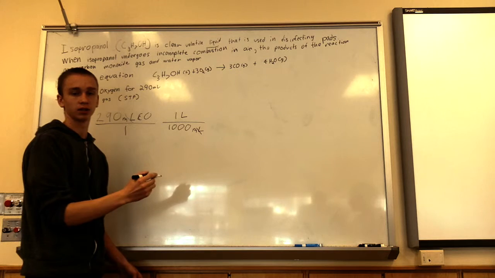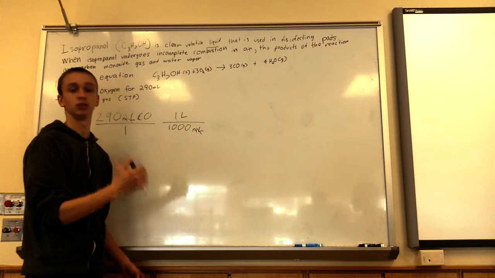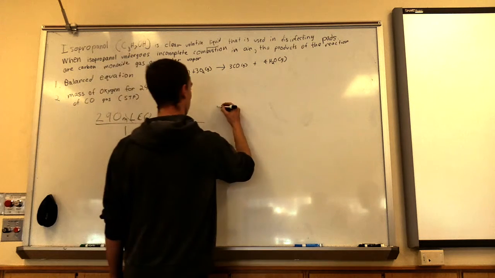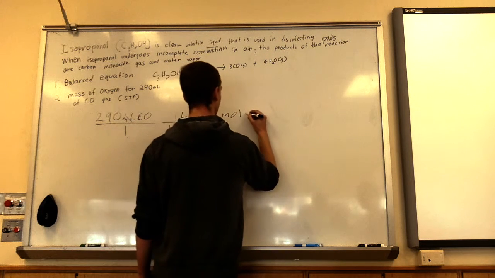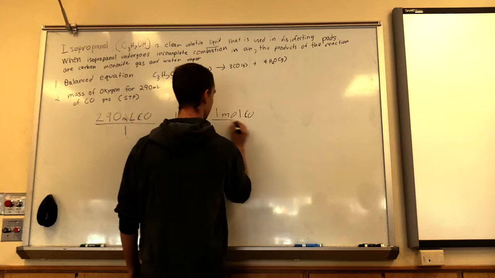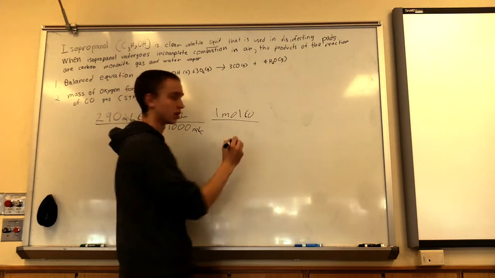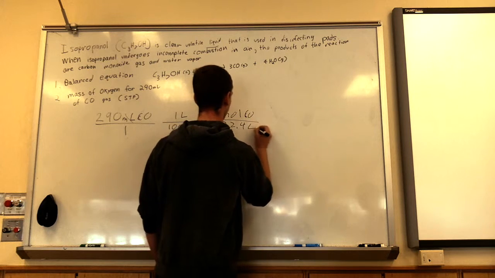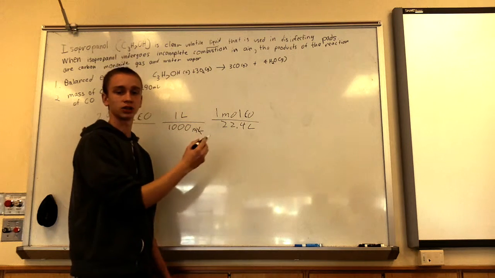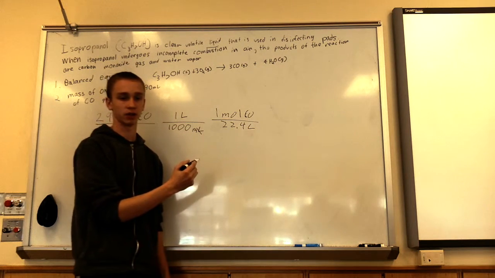And now I'm going to convert this into moles. So I'm going to put 1 mole of CO is equal to 22.4 liters. So now the liters are going to cancel, and I'm going to be left with moles.